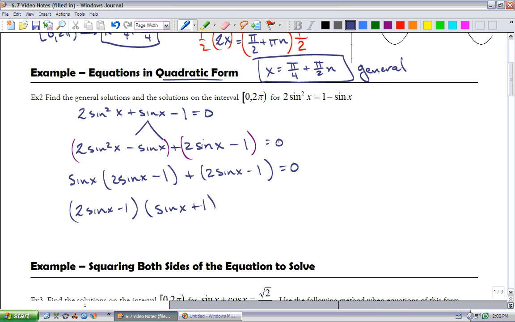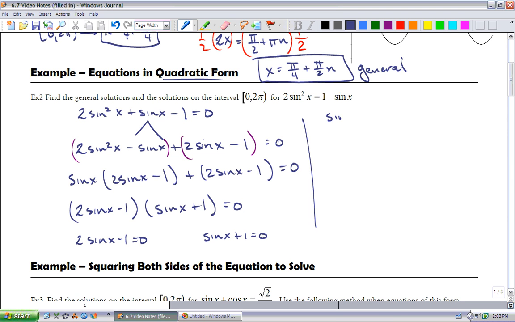Now once we have our factors set equal to 0, I can set each independent factor equal to 0. And so from here I would get 2 sine x minus 1 equals 0 and sine x plus 1 equals 0. And then we continue to solve here.